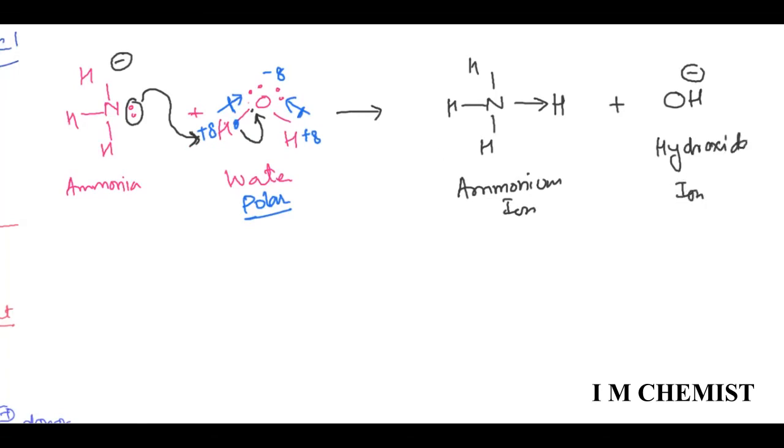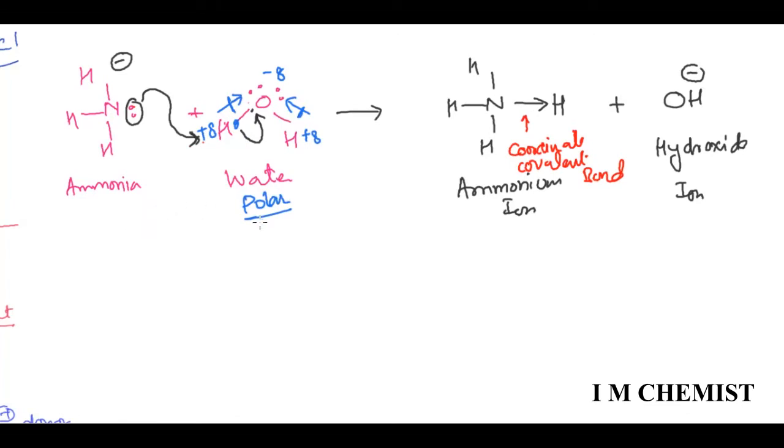Now in this case, ammonia has a lone pair of electrons, so it will make a coordinate covalent bond with the hydrogen atom. Which species has donated its proton?